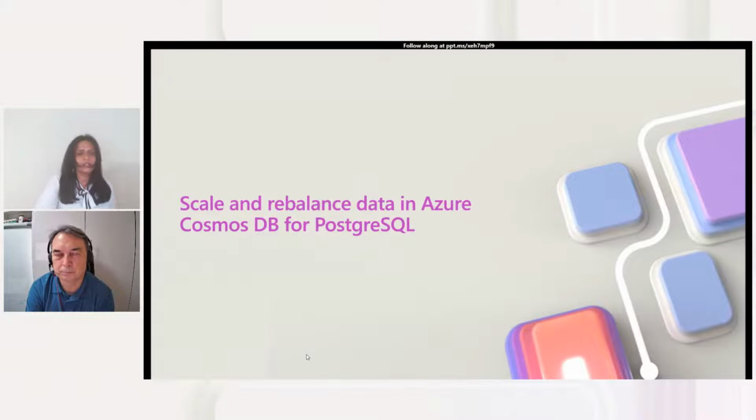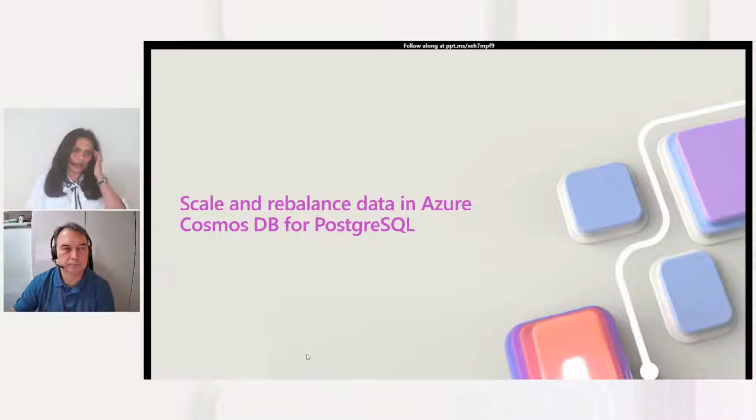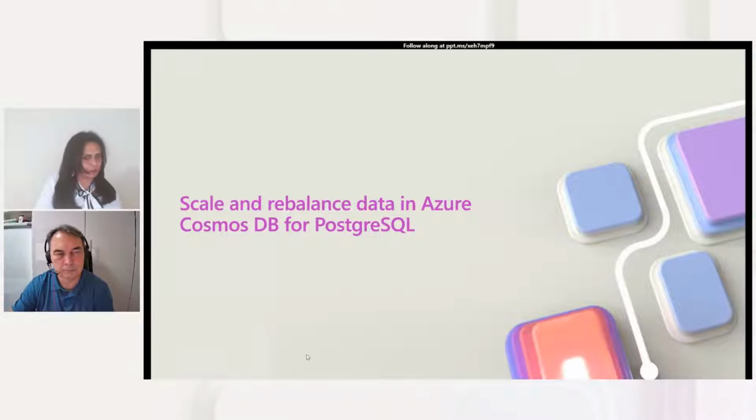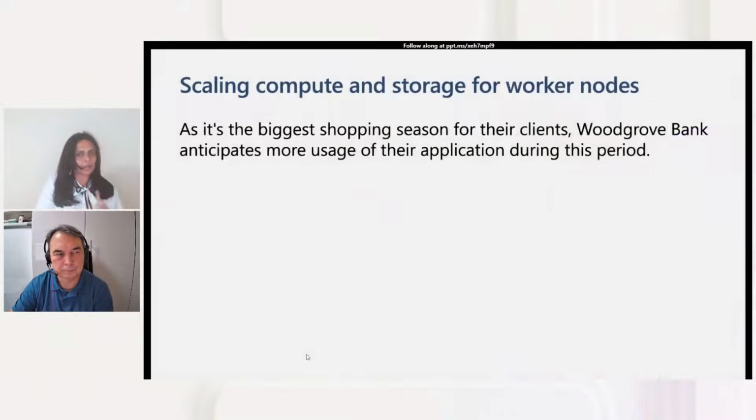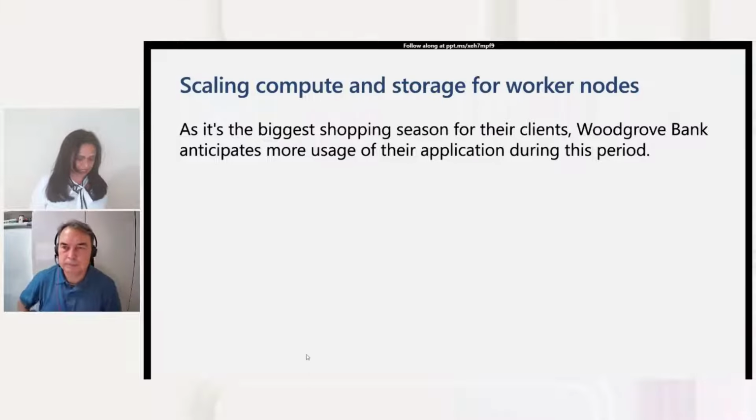So, Goran, let's talk about how we can use the scale and the rebalance in the Azure Cosmos DB for PostgreSQL to help them, especially when they have their biggest shopping season, because not only are they expanding the users, but now during the shopping season, you know that there's going to be bursts in traffic.